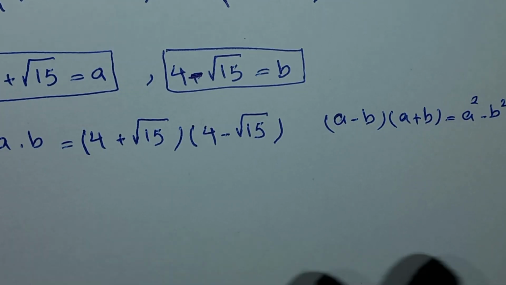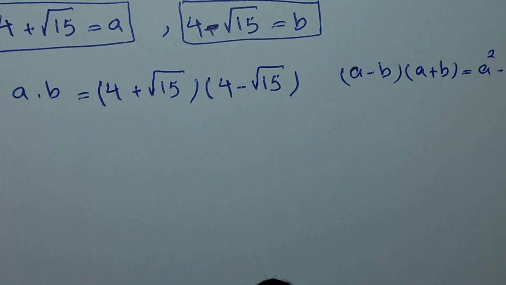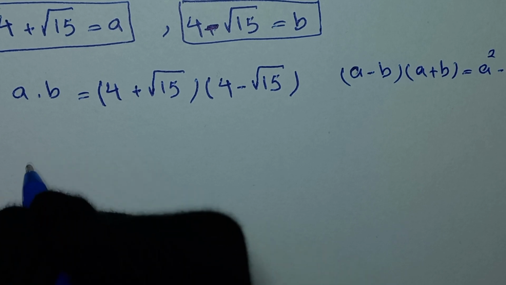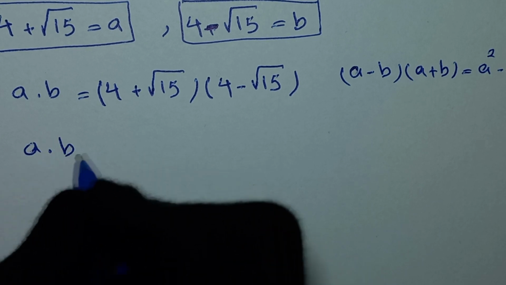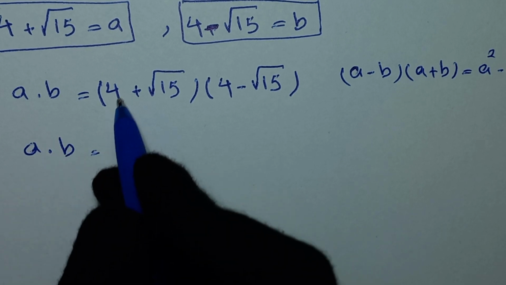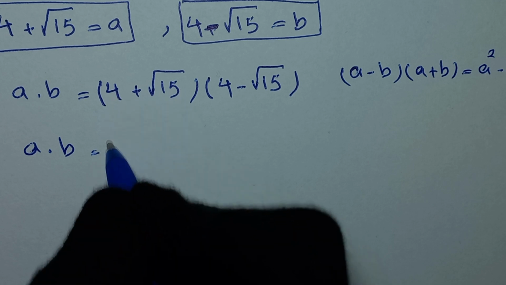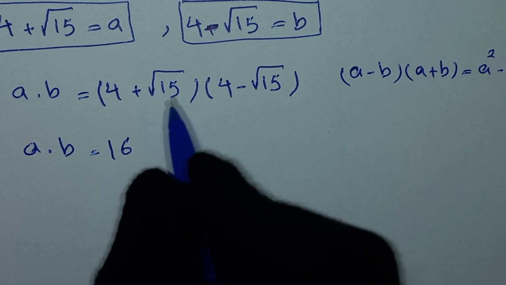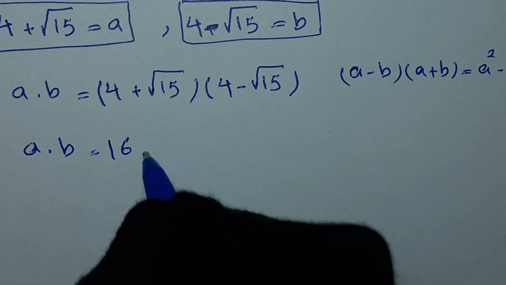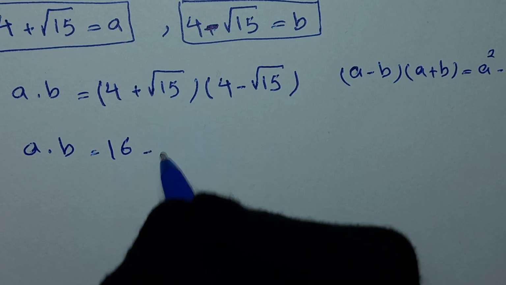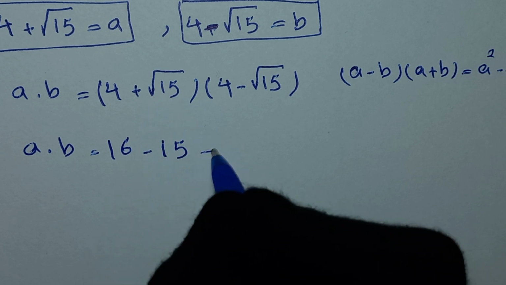So a times b is equal to 4 square, which is 16, minus square root of 15 square, which is 15, and this is equal to 1.